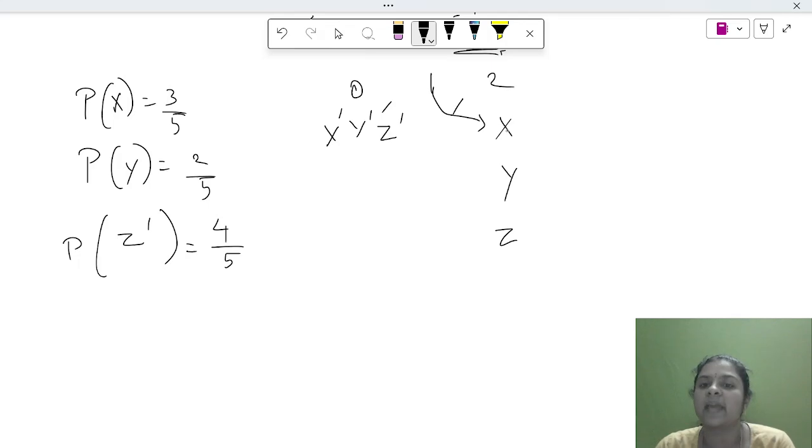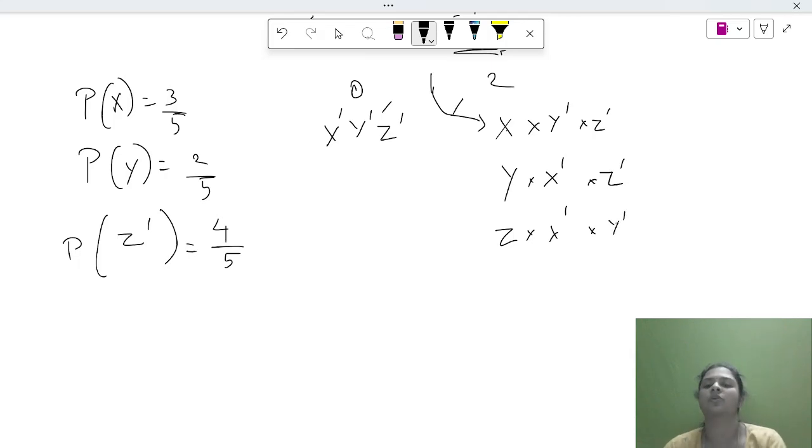You should take X solving and Y not solving and Z not solving; Y solving, X not solving and Z not solving; and Z solving, X not solving and Y not solving. So remember, whenever you have multiple probabilities, you should multiply the probabilities to find the joint probability.